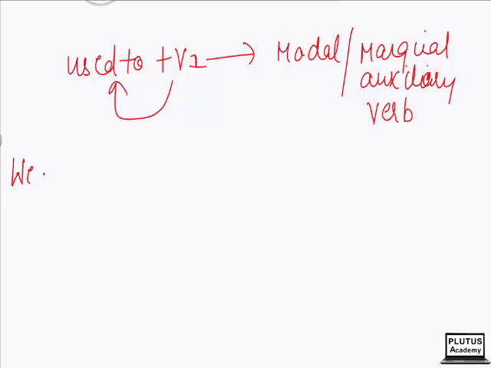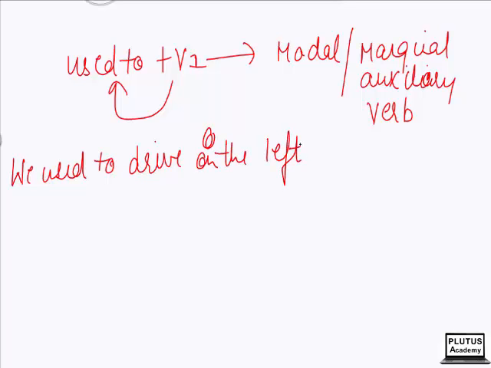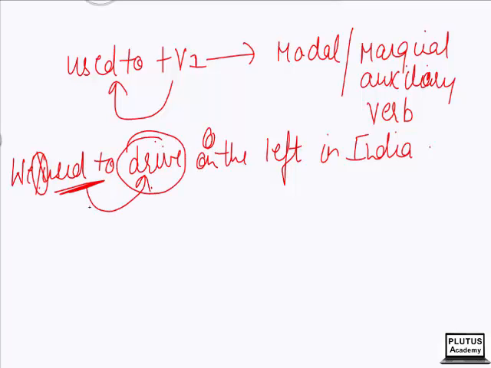We used to drive on the left in India. See, no form of be is present here, only used to is present, so it's being followed by the first form of verb, or it's behaving like a modal.